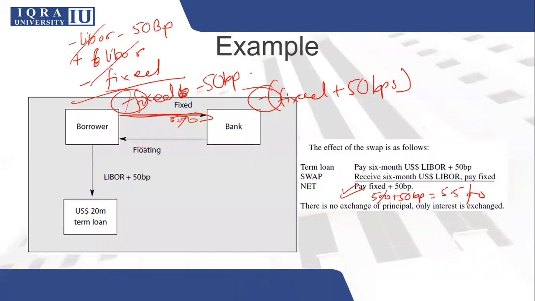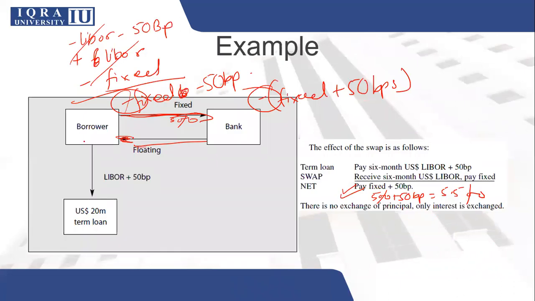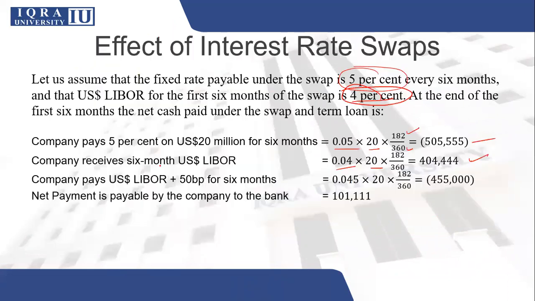Plus the company is receiving floating. So the company is receiving the LIBOR, and the LIBOR is now 4%. So 4% times 20 million is the amount that they are going to receive. Now the last strip was that LIBOR plus 50 bips is going to be paid over here. So that means 4 plus 0.5, that means 0.045 times 20 million. And so this is the amount that they have to pay.